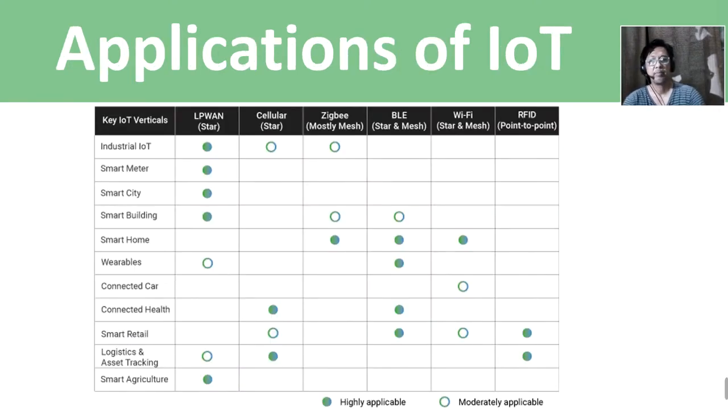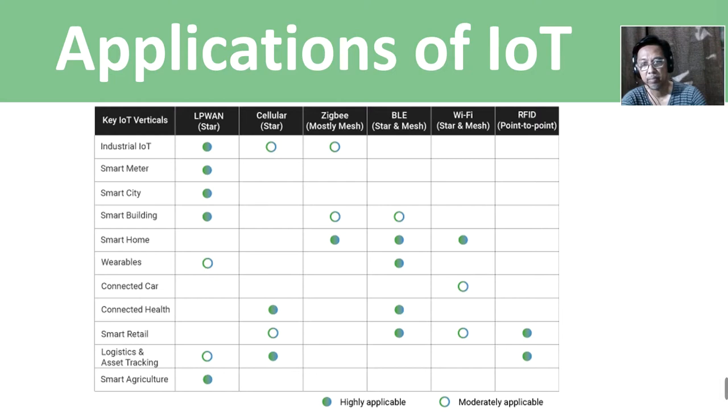And here are some of the applications listed here. Key IoT verticals, so industrial IoT. Industrial IoT would most likely use LPWAN. It could also use cellular technology or Zigbee.